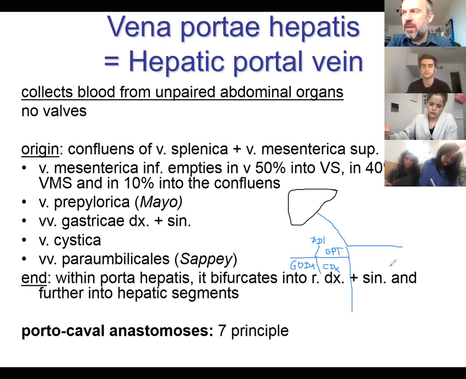And you can see how these 3 veins make a strange confluence and drain into the superior mesenteric. Yeah, this is the superior mesenteric. Well, this is also not written in many books, and it's clinically relevant. Yeah, we don't ask about this in the test, but you can remember this gastropancreatic trunk of Henle.